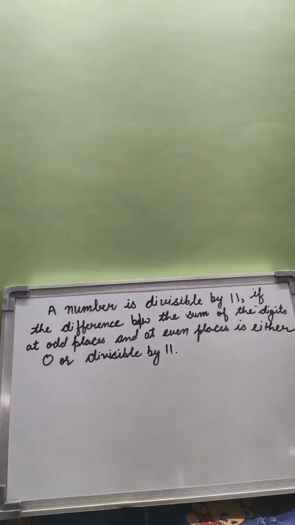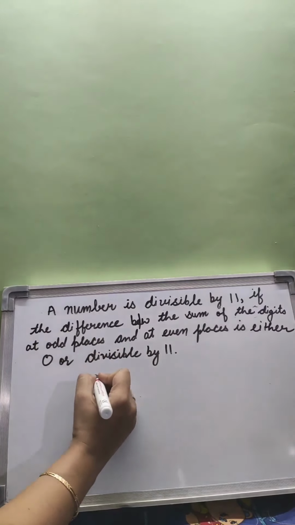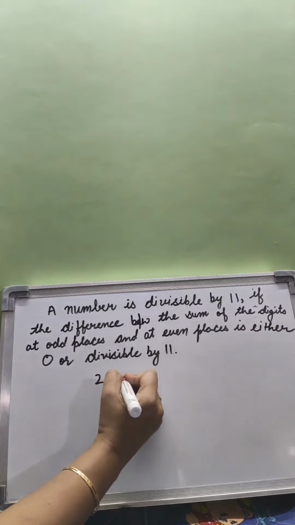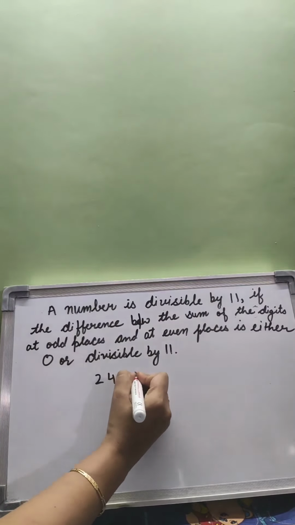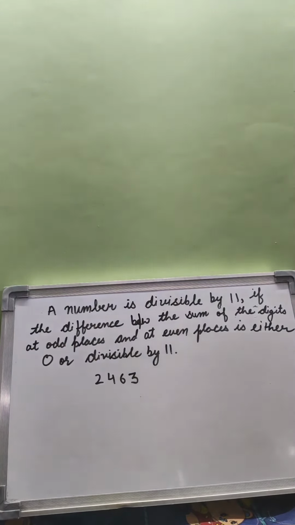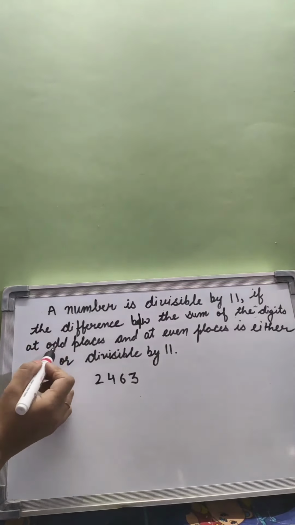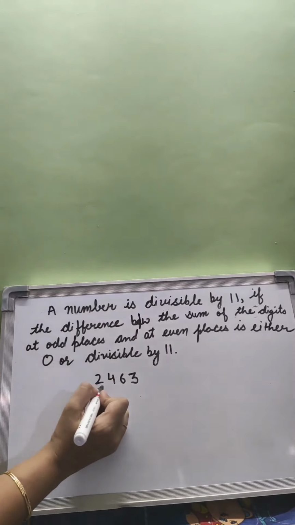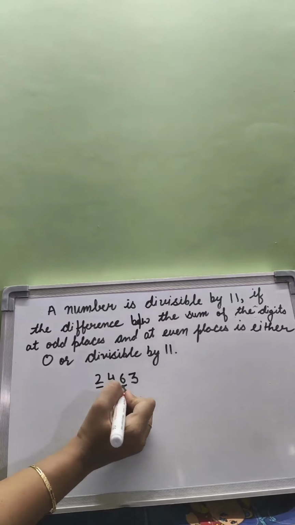A number is divisible by 11 if the difference between the sum of the digits at odd places and even places is either 0 or divisible by 11. Let's take an example. 2,463. Now you have to add the digits which are at odd places. Odd places means at first and third place.